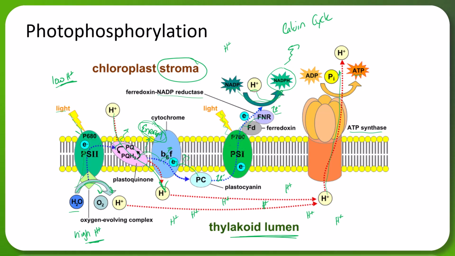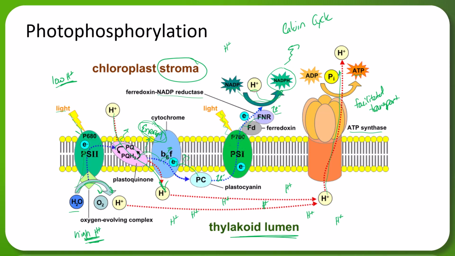Now, we focus our attention on the H plus ions. As the H plus ions begin accumulating on this side, again, this is our high H plus ion concentration, those H plus ions are going to flow down their concentration gradient passively. So this is a facilitated transport mechanism. It doesn't take energy, and so those H plus ions are just flowing down their natural concentration gradient.